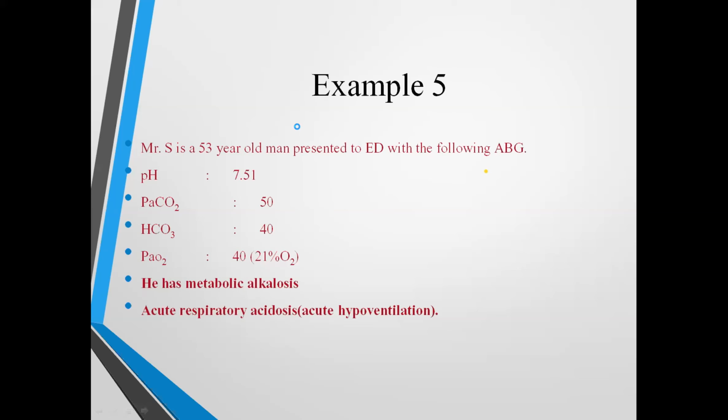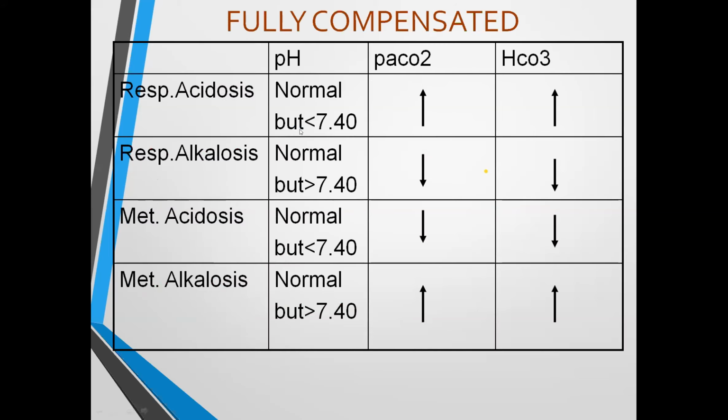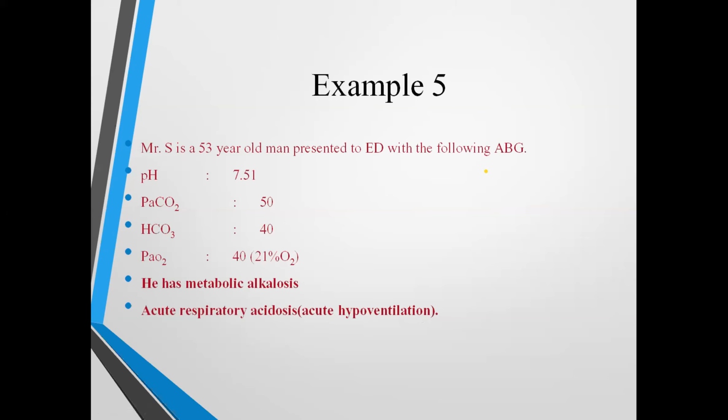This patient is basically having different parameters. Like pH is 7.51, it's alkalosis, PCO2 is 50, acidosis, bicarb is 40, alkalosis, PO2 is 40. This patient is basically having a mixed picture. This shows alkalosis, this shows acidosis, this also shows alkalosis.